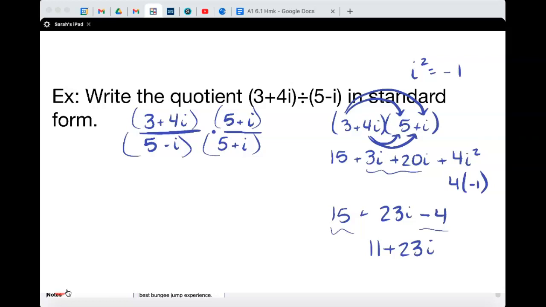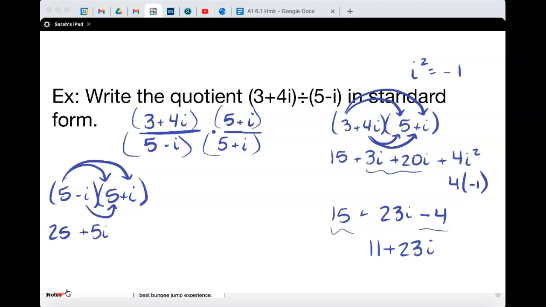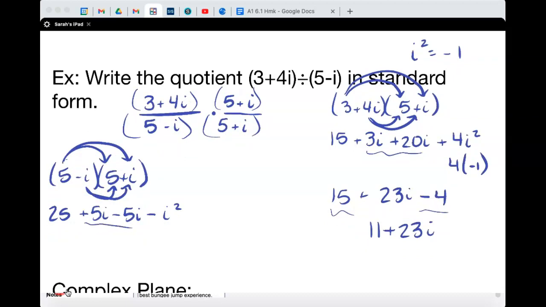So we're going to do the same thing with the denominator. So I'm just going to go over here, because I'm running out of room. Denominator, have to distribute as well. This one's -5i. And we need to simplify. So I have +5i and -5i, so those cancel.